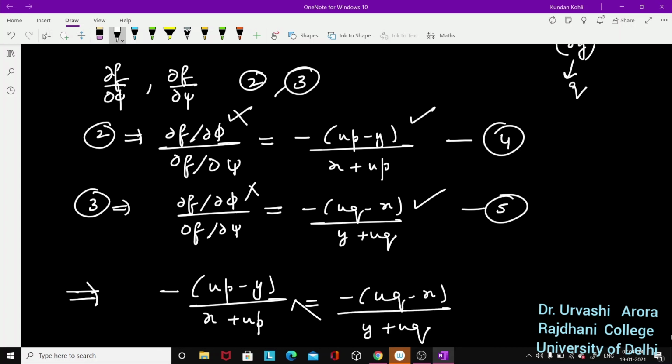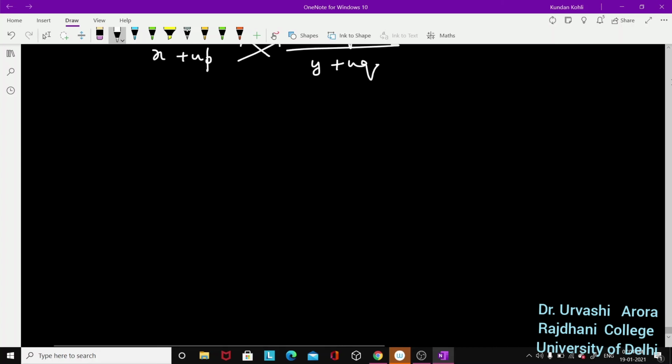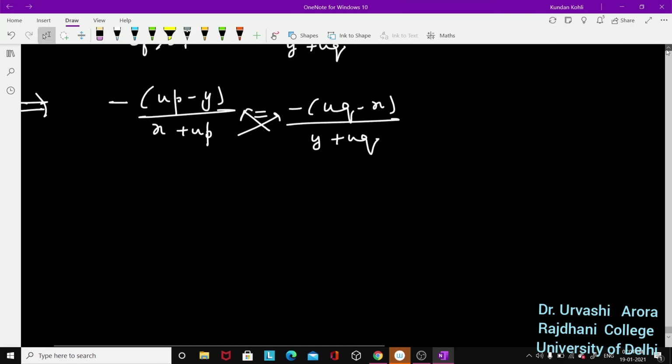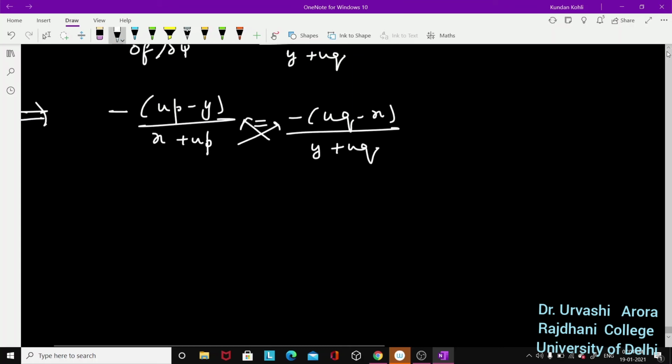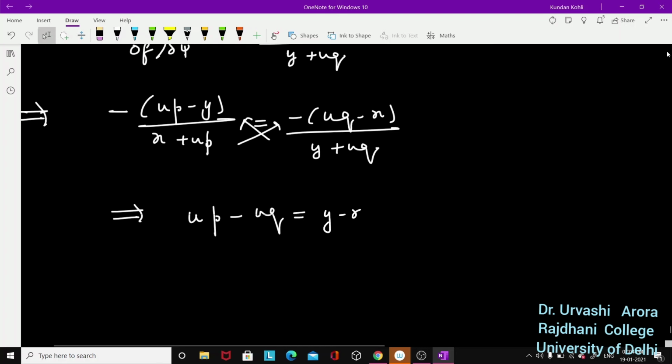Now you can just cross multiply, and after simplifying and cancelling out the terms which can be cancelled, this is the final form of the equation that you get: up minus uq is equal to y minus x.